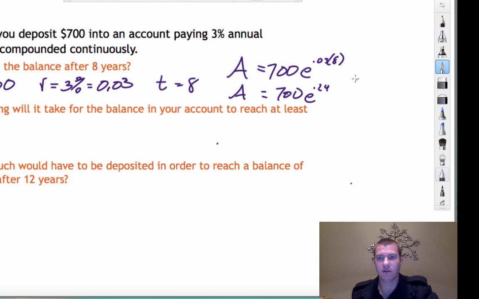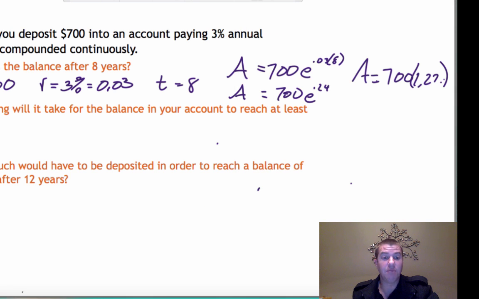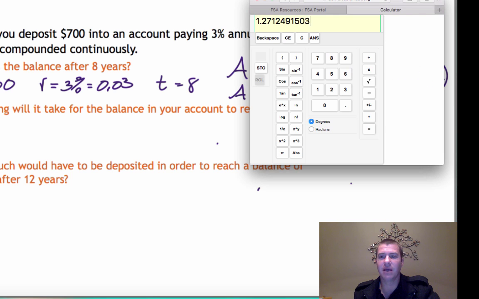Let me write that down first. A equals 700 times 1.27 and so forth. I'm only writing 1.27, but notice I'm keeping it in the calculator and multiplying that with 700. It's important to keep it in the calculator to get the accurate number.